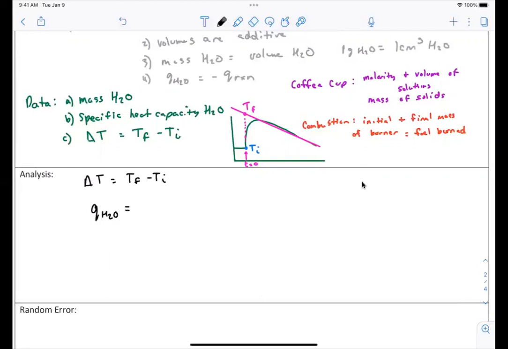But the Q of the water equals the mass of the water times the specific heat of water times the change in temperature of water. And again, I'm reinforcing the fact that when you do this, everything's of the water. All the measurements you have are of the water. The volume of the water becomes the mass. The specific heat is constant. The change in temperature you measure is also the temperature change of the water.